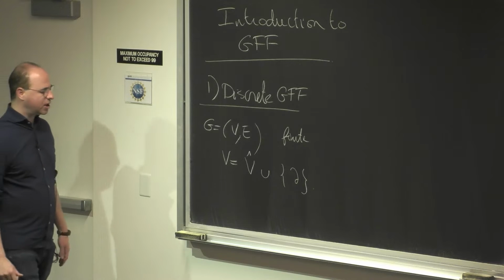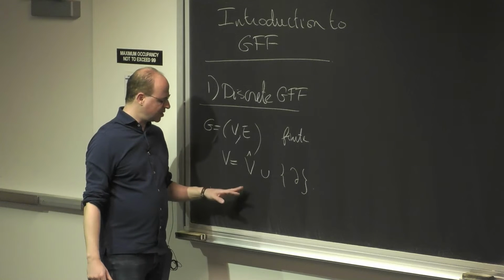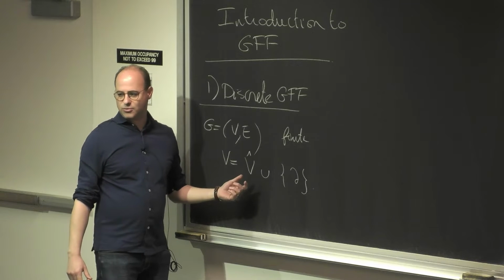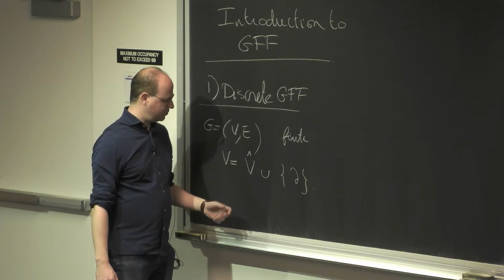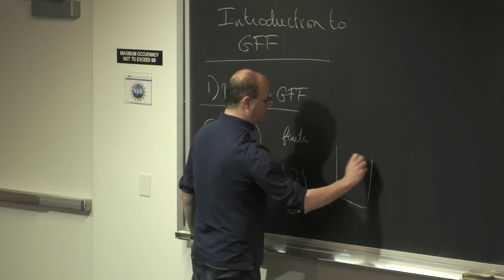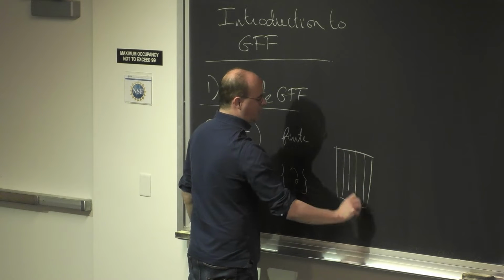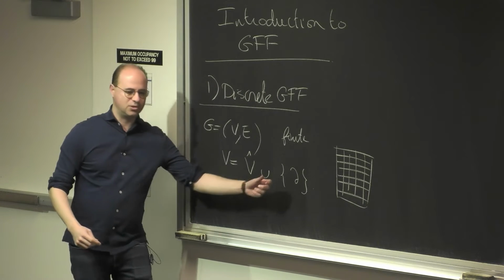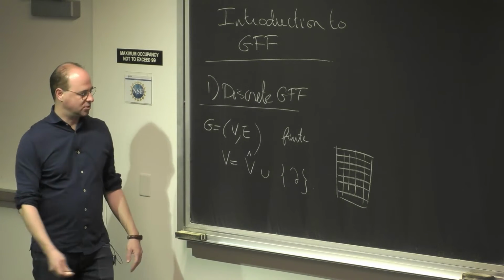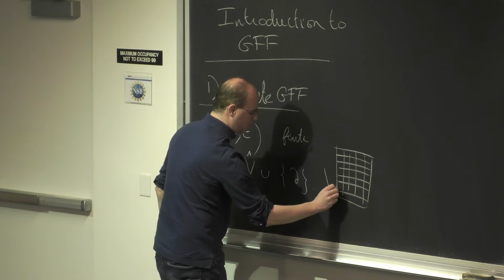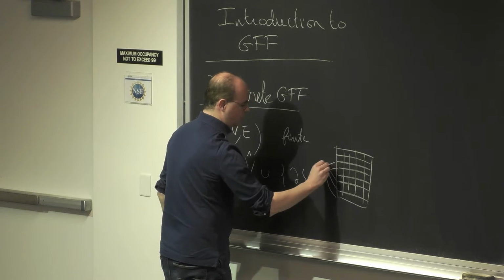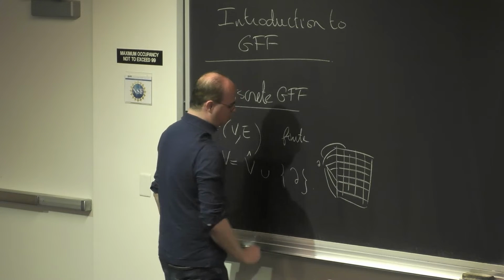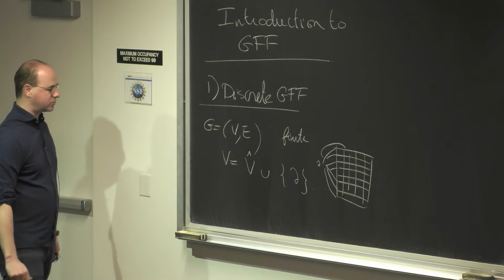If you want to think of an example, you can think of the vertex set of a grid in 2D, and maybe all the vertices on the boundary are wired, and that's what I call the boundary vertex. You can imagine that I've joined all these things together.